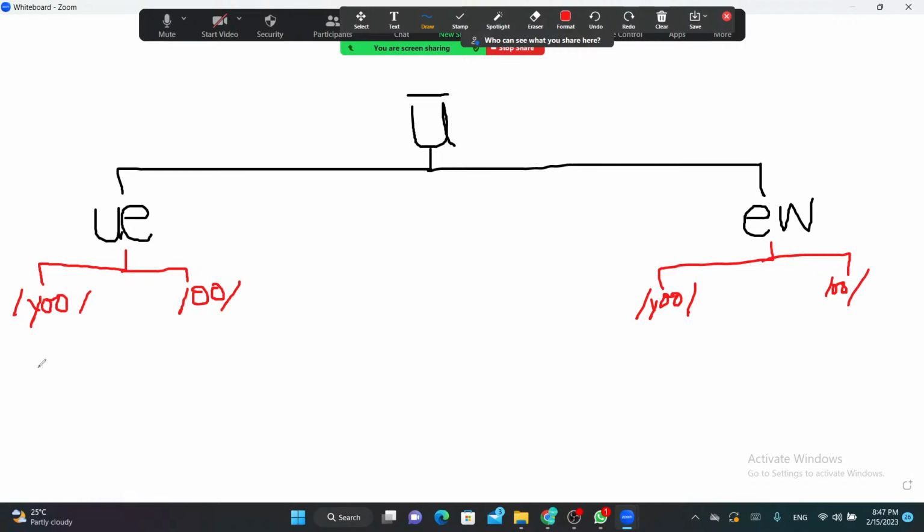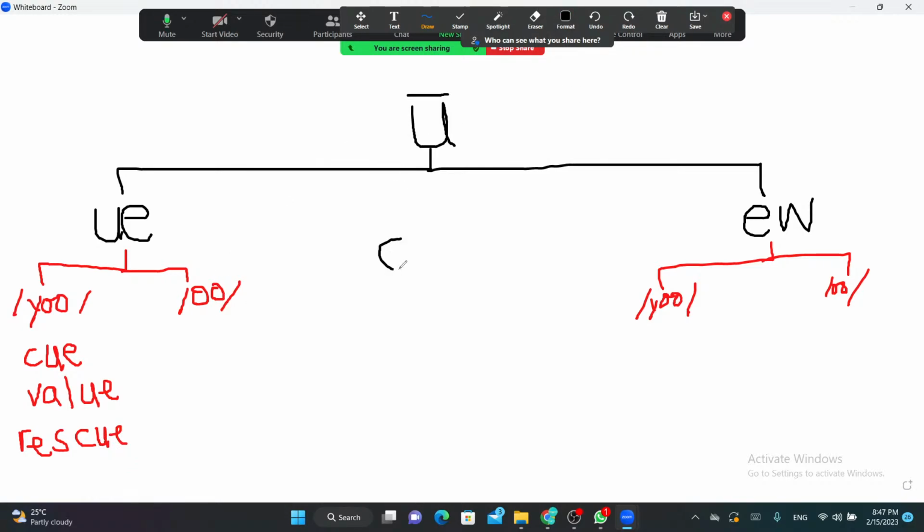Now let's see some words. For UE, the word is cue. The word is value. Any word that you can give me? Rescue. Clue. Okay, now you said clue, right? Let's listen. Glue. Hold on.